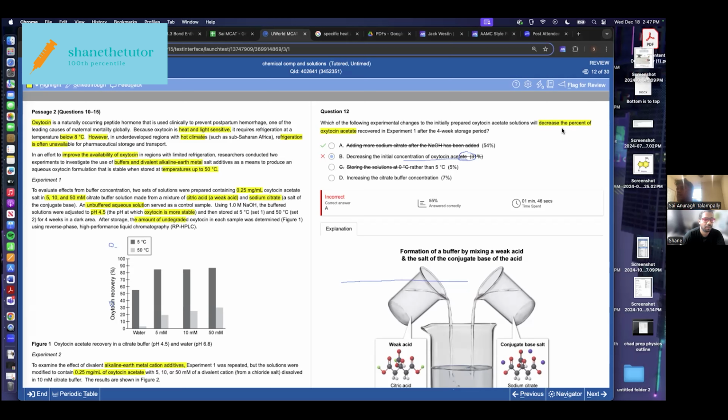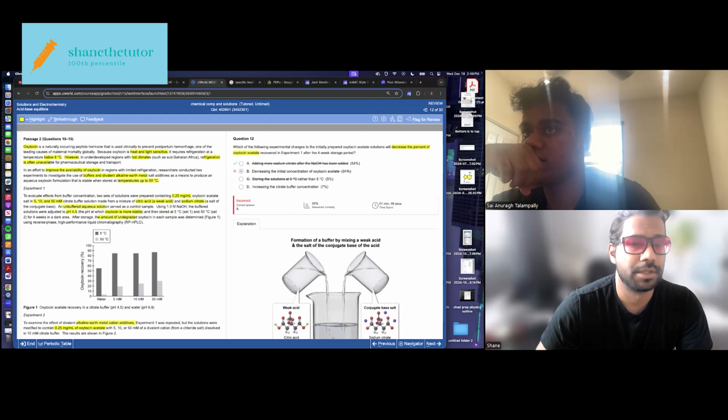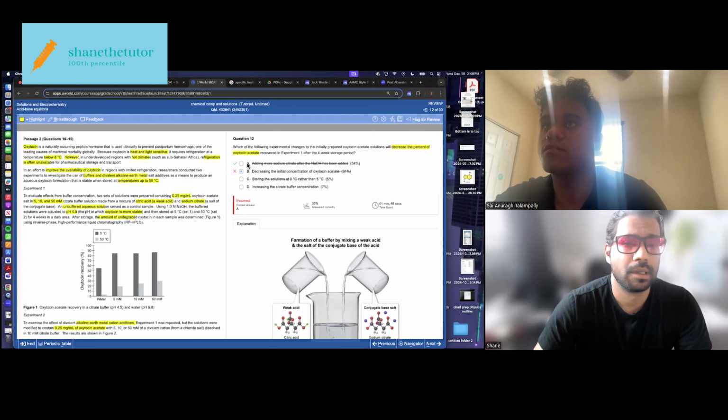Yeah, decrease the percent of oxytocin acetate. So I don't know why it would decrease it. Remove my strikethroughs.